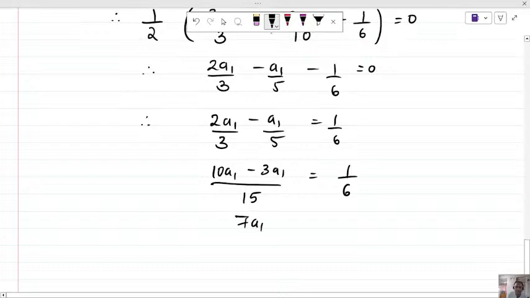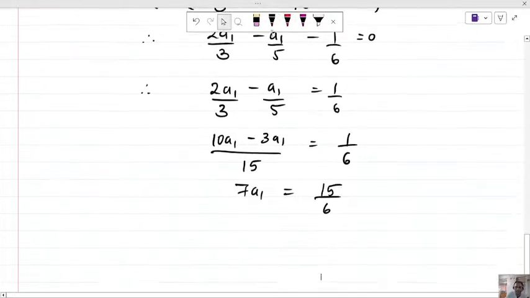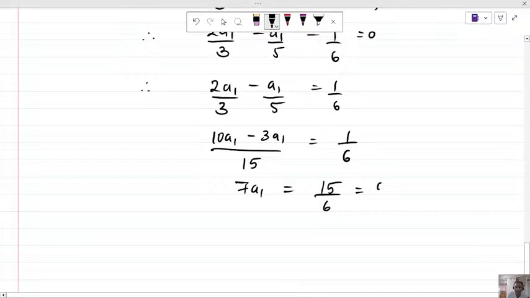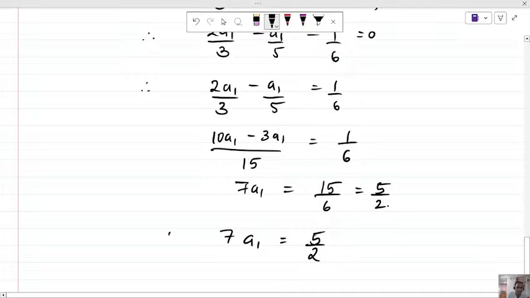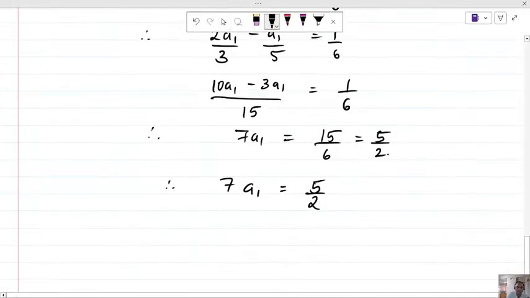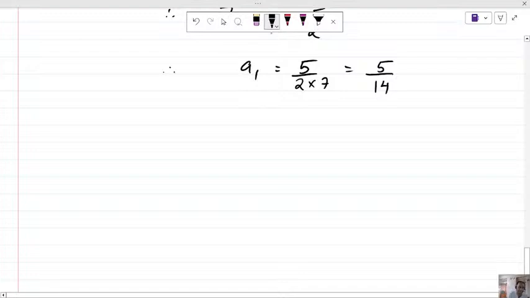So 7a1 is equal to 15 upon 6, which is 5 by 2. So a1 is equal to 5 by 2 into 7, so that is 5 upon 14. This is your answer.